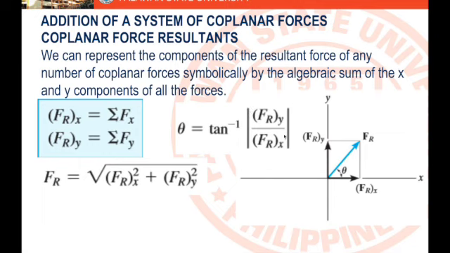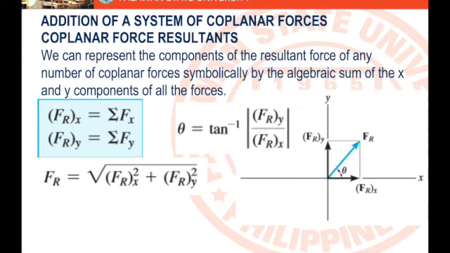Okay, so theta would be equal to the arctangent of the absolute value of y over x. So we solve for the component in the x-axis by doing the summation of forces in x, and the component in the y-axis by doing the summation of forces in y, and we find the angle by getting the arctangent of y over x.